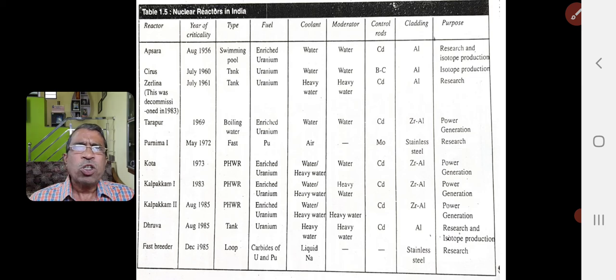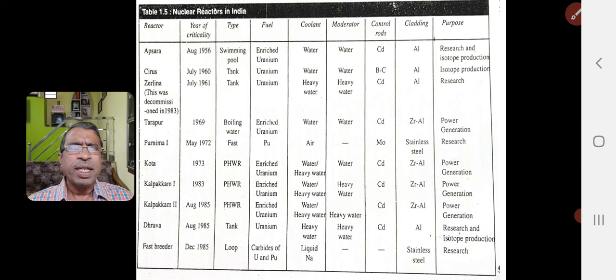This is the first research reactor produced in India, at BARC, for research purposes and production of isotopes. The next, in 1960, another research reactor known as the CIRUS reactor was established, once again in BARC.